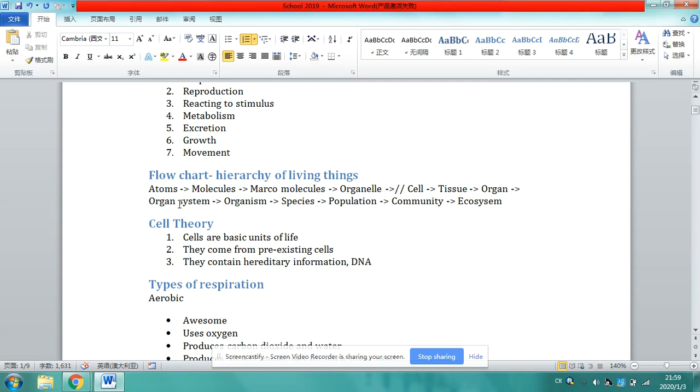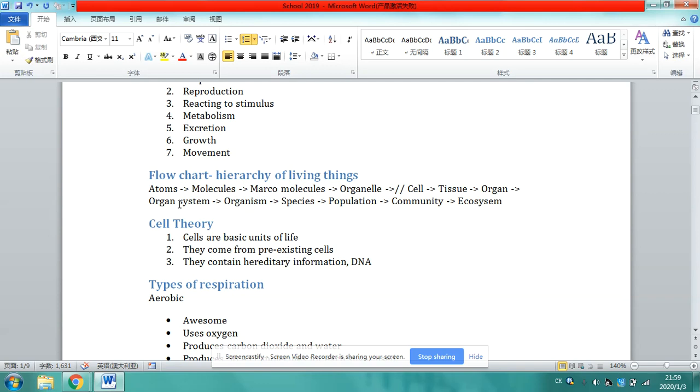And molecules make up macromolecules, which we haven't touched on in year 11 physics or chemistry or whatever subject teaches about molecules. Anyway, molecules continue to make up organelles.